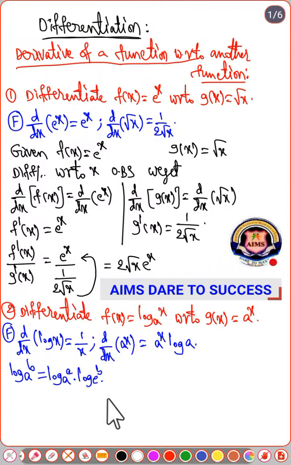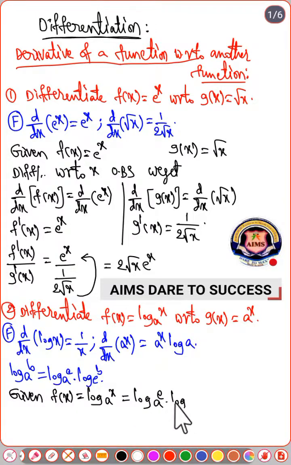Now, solution. Given f of x is equal to log x base a. So, log x base a can be written, from this concept, as log a base e into log x base e.